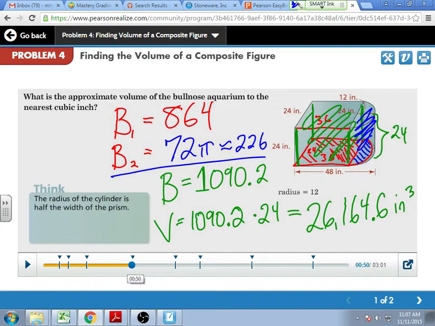You totally can. It's just, instead of doing this plus this, then times 24, you just do your 864 times 24, get volume 1. Do your 72 pi times 24, get volume 2, and then combine them together. Yep, it would totally work.